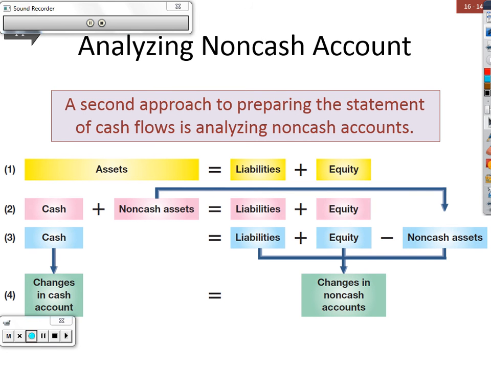So, the second approach to preparing a statement is to analyze non-cash assets. This is just the accounting equation, right? Second step: cash plus any non-cash assets equals liabilities plus equity.